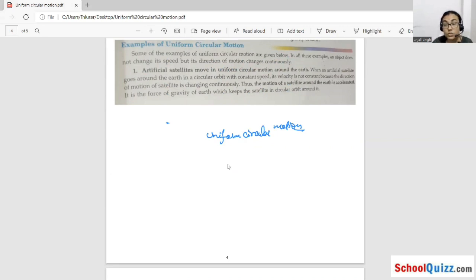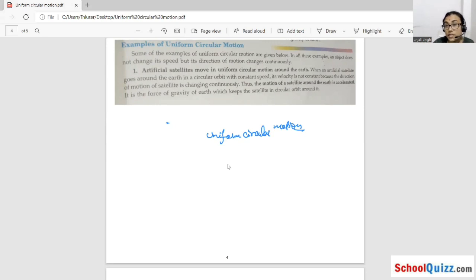Okay, we are not able to observe this, but the artificial satellites above the sky are actually moving in the form of circular motion. They are in uniform circular motion.